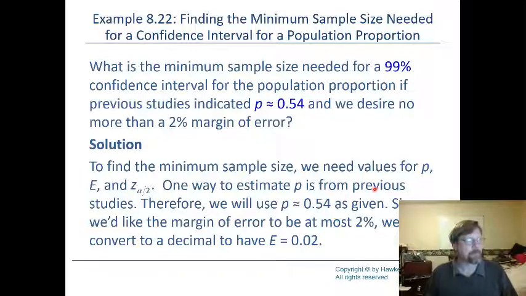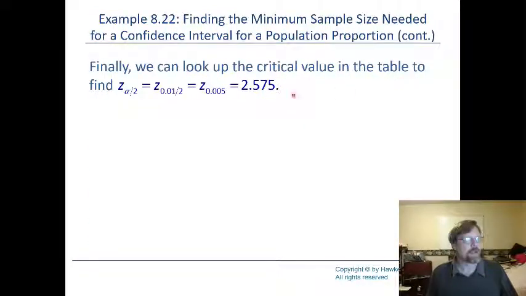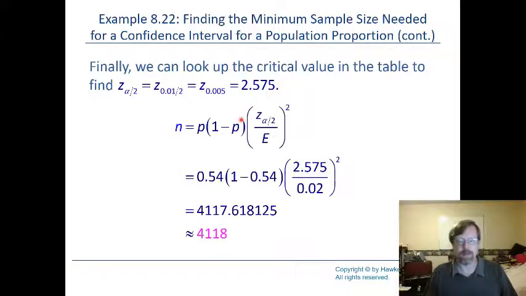We can look up the critical z-score with the value of 0.99 and we get 2.575. So now we've got all the data points we need. There's our 0.54, our population proportion from the previous study, 2.575, that's our critical z-score, and 0.02, that's our 2% margin of error that we want.